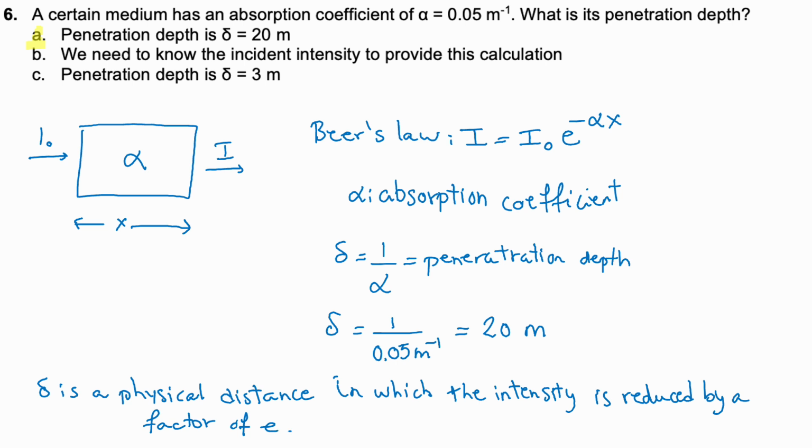So this is how much we need to move away, or how thick the material needs to be, so there is a drop of the intensity by the factor of e.